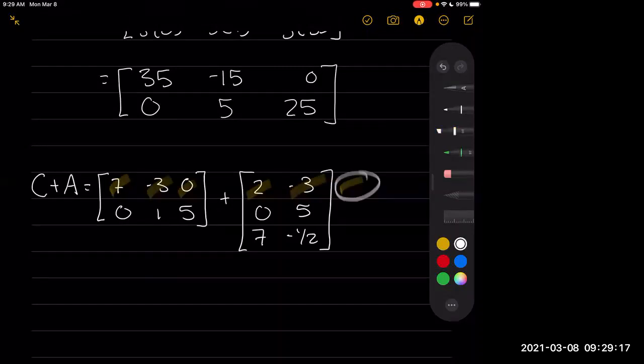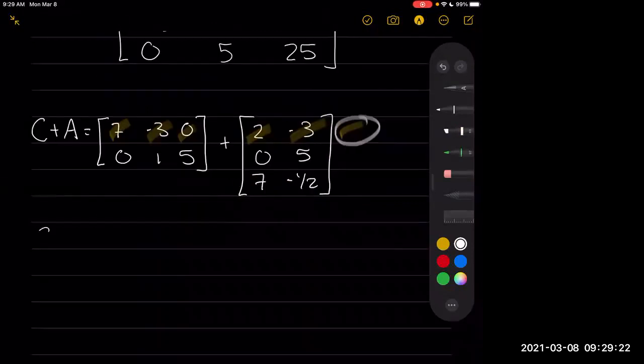This is empty. They don't have the same dimension. So C plus A is undefined. That's important. You need to have the same dimension to do these operations. Well, except for scaling. You can scale any type of dimension of matrix.